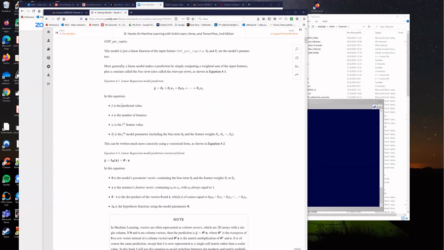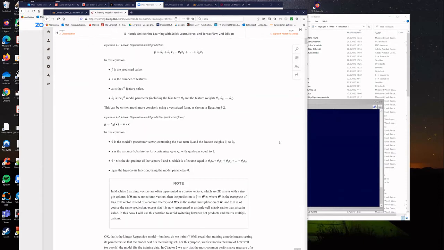The predicted value this linear regression model predicts is y with the hat above the y letter. n is the number of features we are using in the prediction, x is the feature value, and theta is the model parameter.